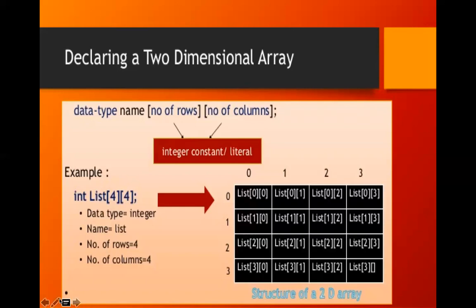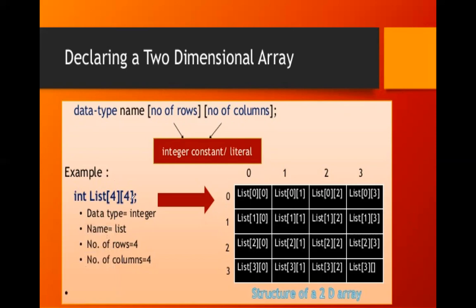This is the integer that I am showing here, and this is the list. List means the array name, and here we have 4 columns and 4 rows. Here you can change that number.